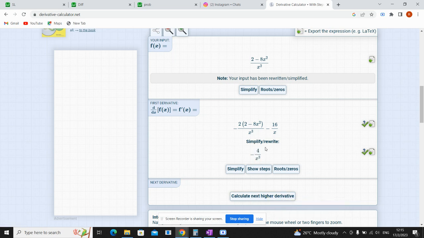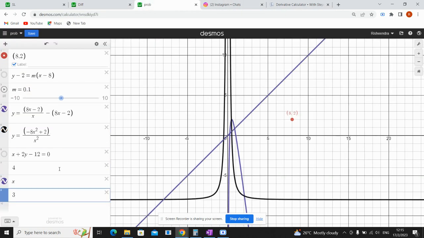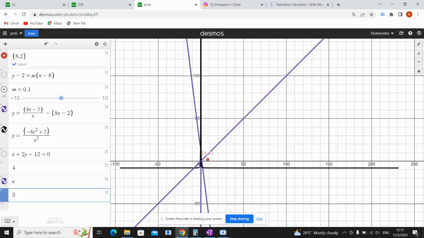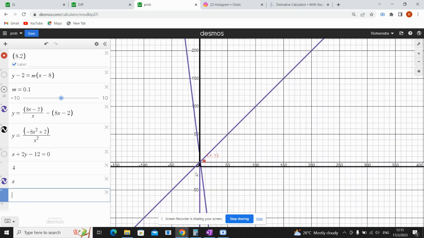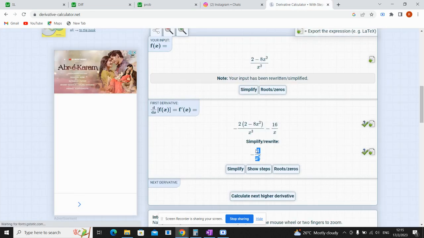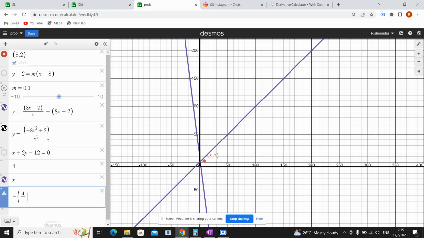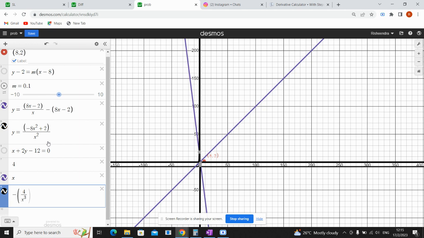Calculate, or minus 16. Let's see how it will look. Minus 4 by x cube, right? Minus bracket of cube.